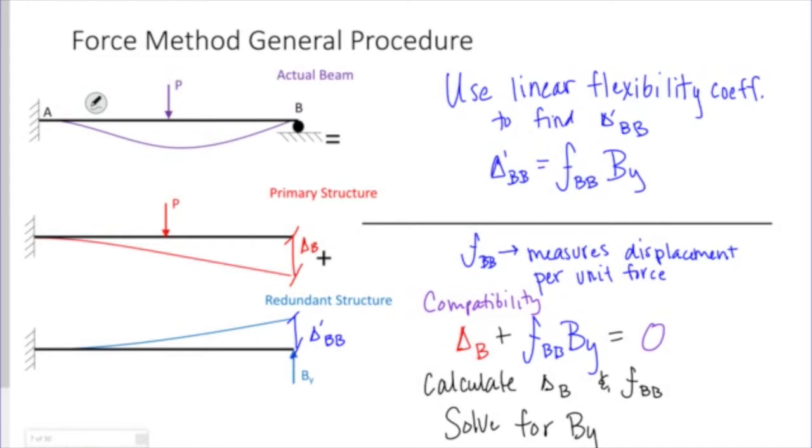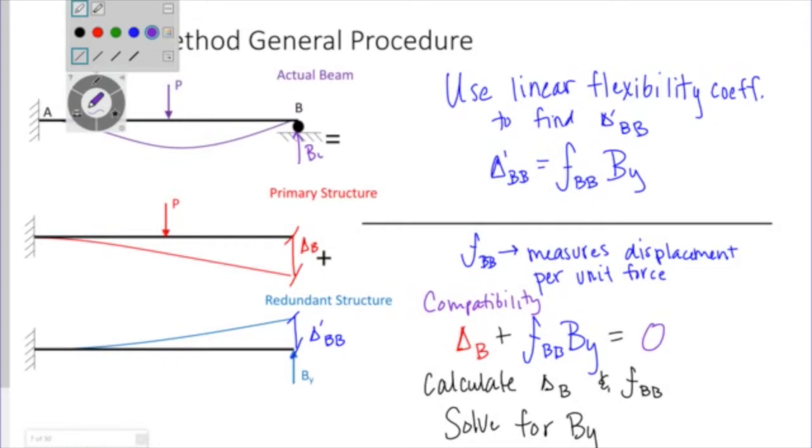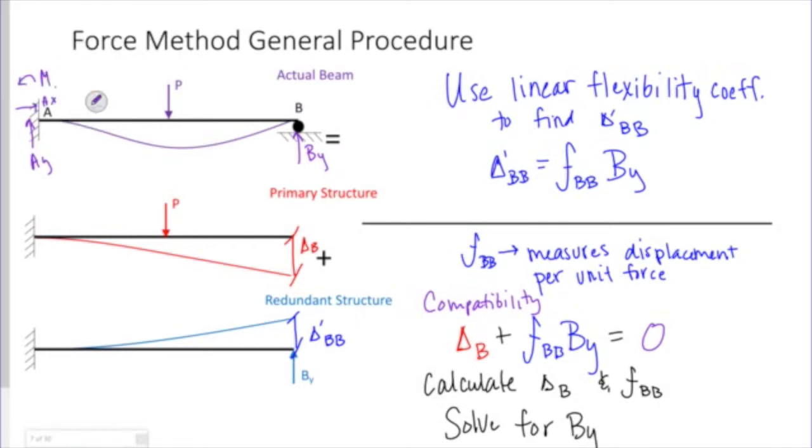We're going to go over how to calculate those deflections and that flexibility coefficient, but I have one equation, one unknown, my BY. Now, if I can put that back into my actual beam, my unknowns were the BY, AY, AX, and MA.